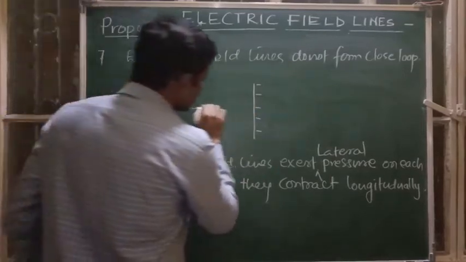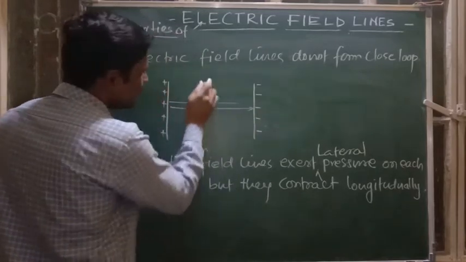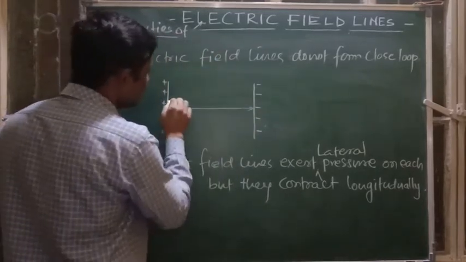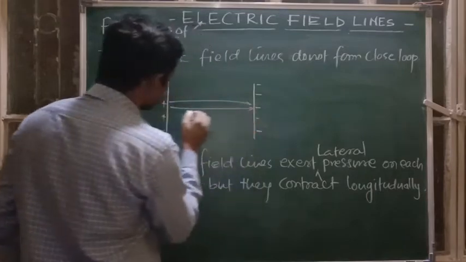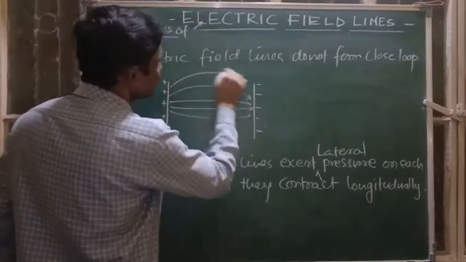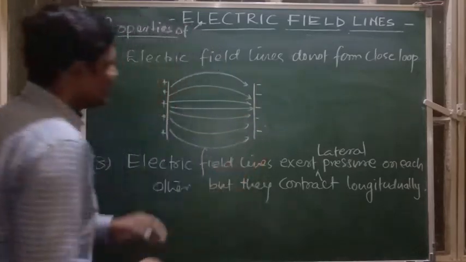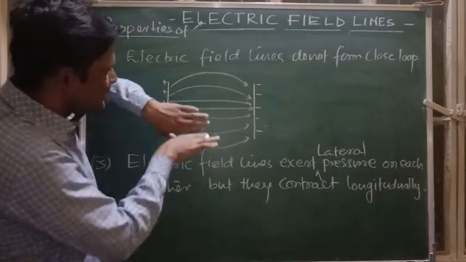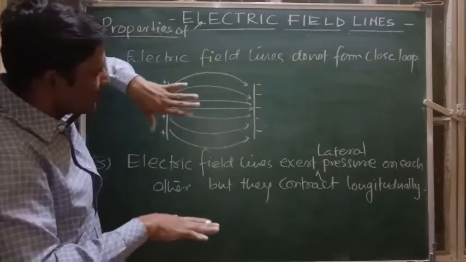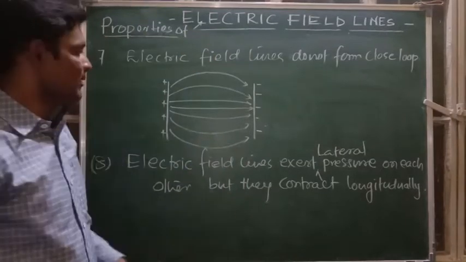Suppose that this line is ejected, but when this line moves in this direction, this line exerts some pressure, so it moves a little bulged outward, and this will be for all. So you can see the electric field lines have pushed each other apart. So this pressure they exert is called lateral pressure.